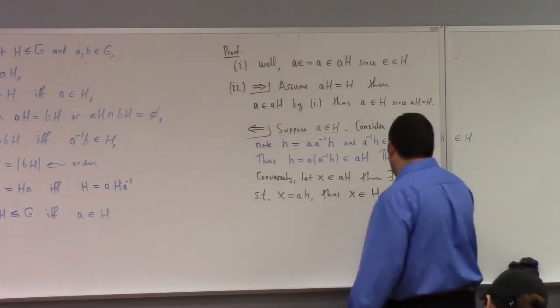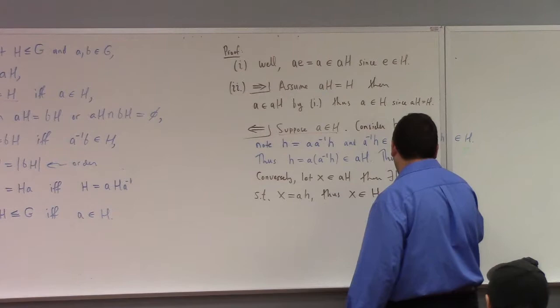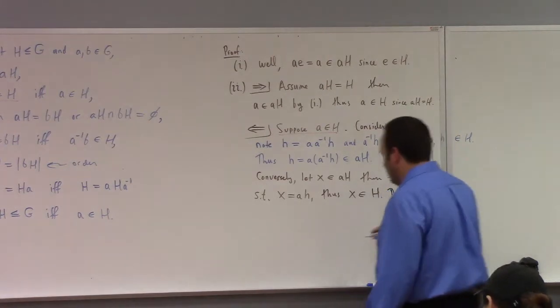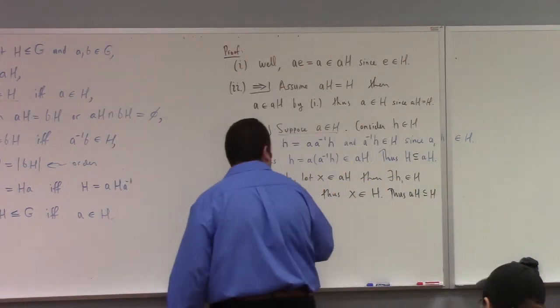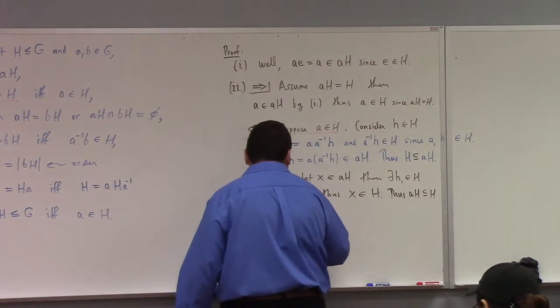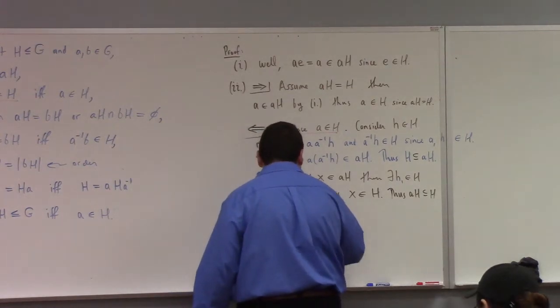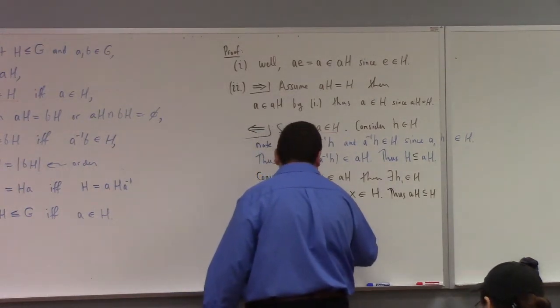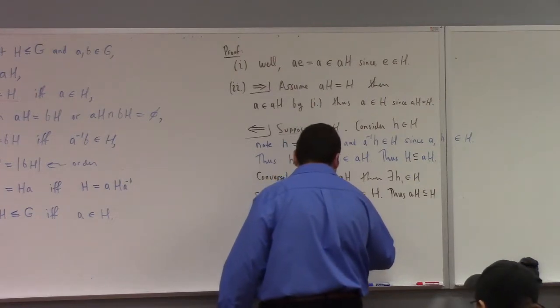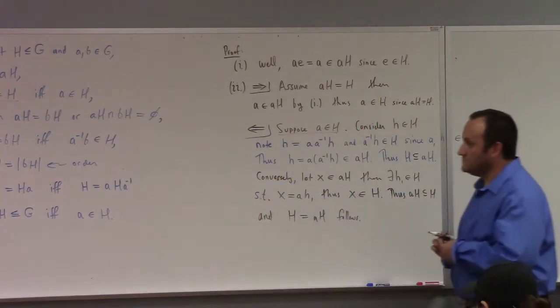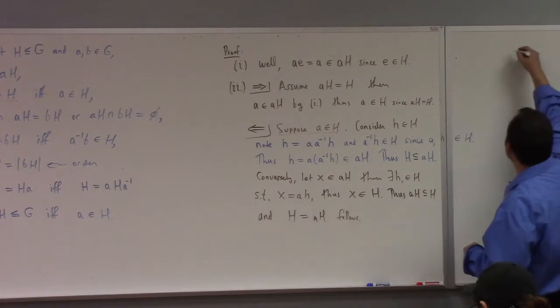So, thus AH is a subset of H, and so we find H is equal to AH, yeah? Follows. There's the proof of 2. Let's look at 3.